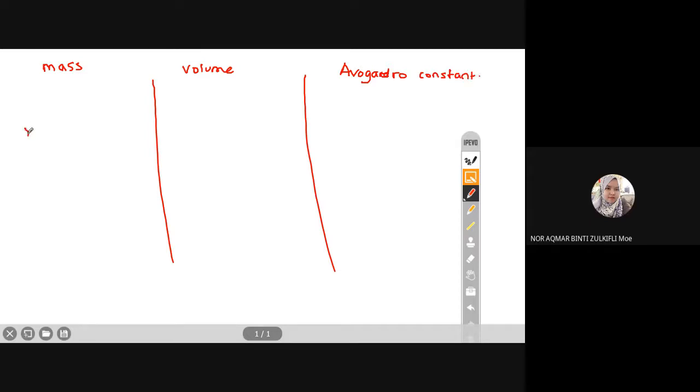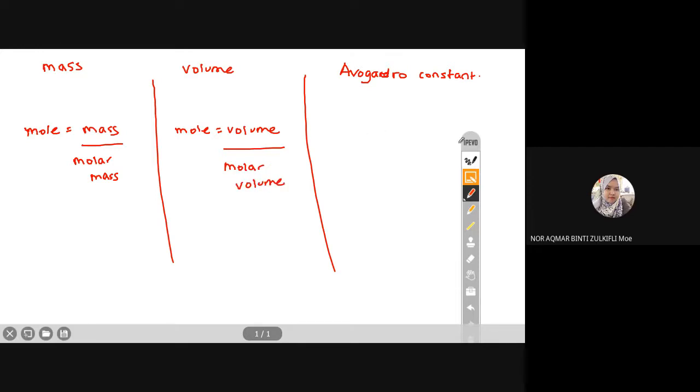For mass, mole equals mass over molar mass. For volume, mole equals volume over molar volume, or divide.